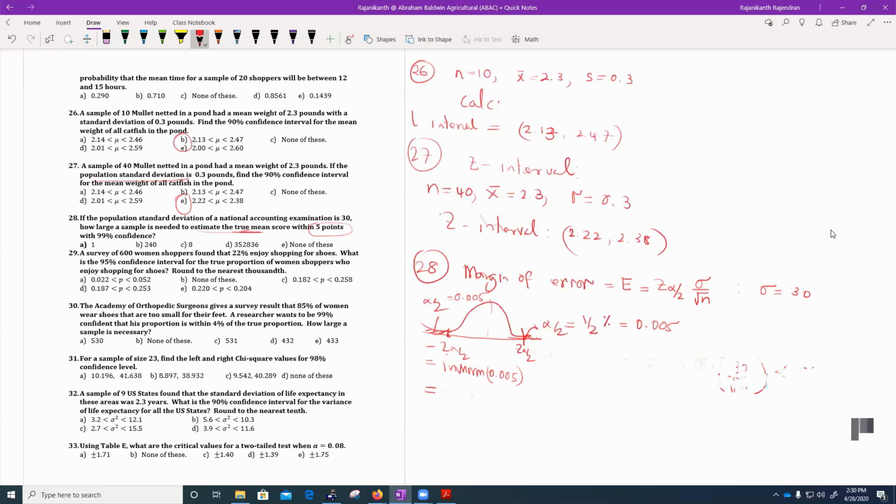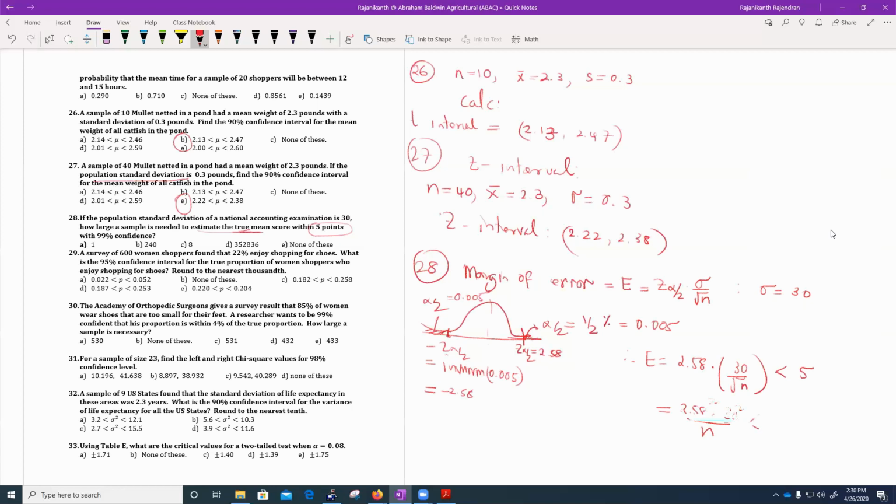You have to solve this inequality for n. Since I have a square root in here, I'm just squaring both sides to get rid of the square root. So if you square both sides, this will be 2.58 squared times 30 squared over, if you take the square of square root n, then the square root gets removed, so you will get just n.